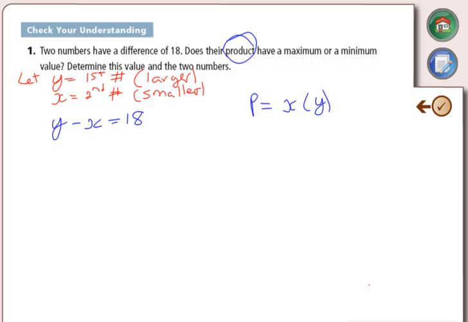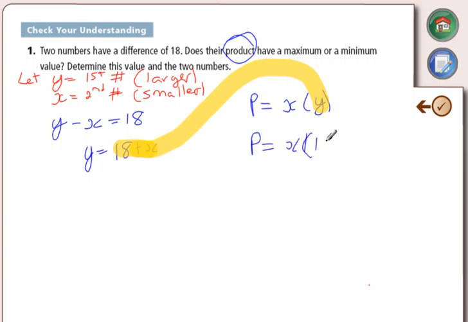And it doesn't matter which one you solve for, I'm just going to isolate the y just because that's what we always seem to be doing. And it's a little bit easier with the negative here. y equals 18 plus x. Same as each time, substitute the y in for the y in the other equation. So we've now got p equals x times 18 plus x.